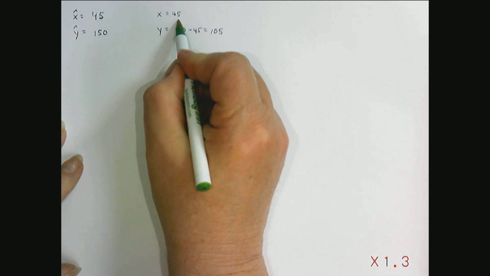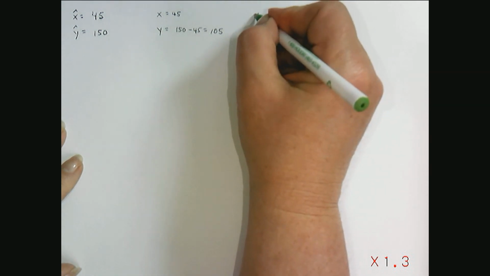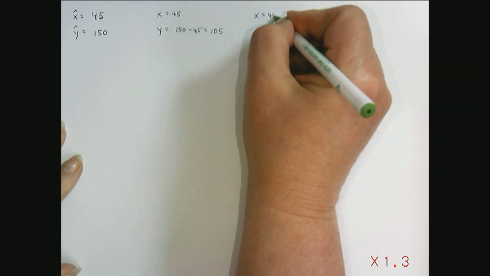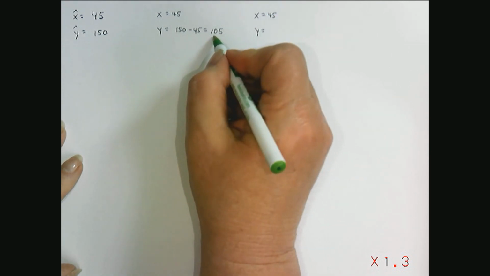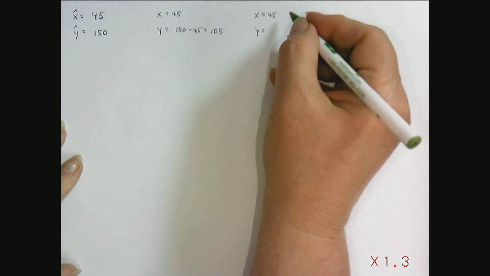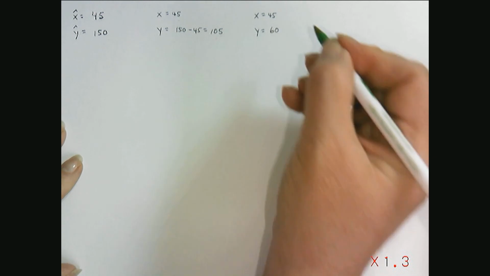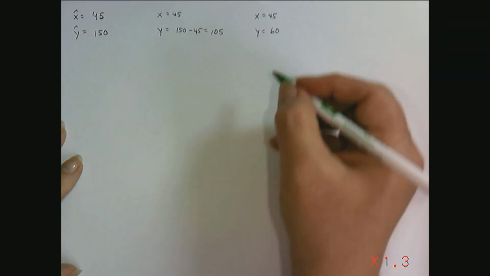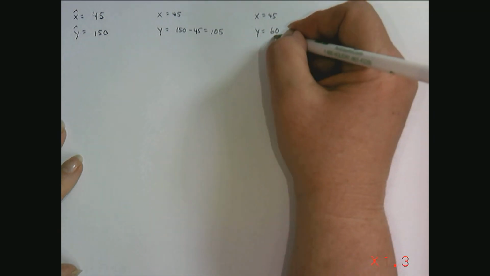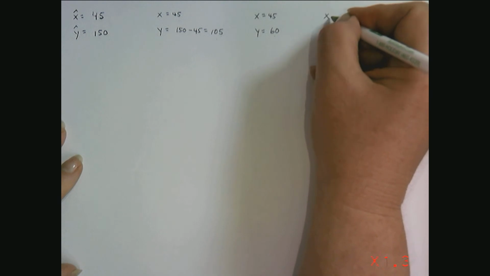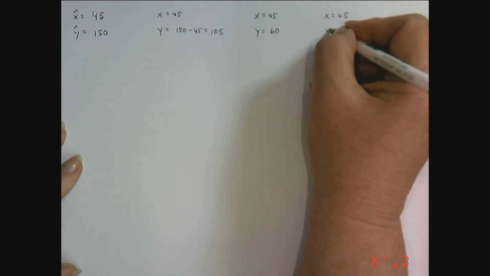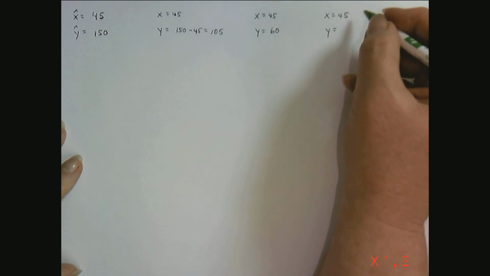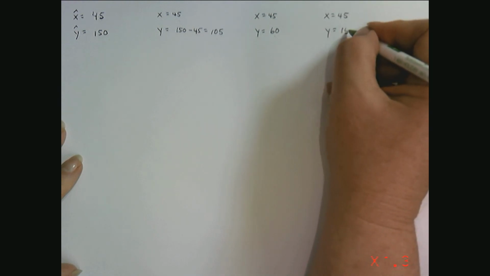105 is larger than 45, so x stays 45, and now y is updated to 105 minus 45, which is 60. They're not equal. y is still larger, x stays the same, and now y is 60 minus 45, which is 15.